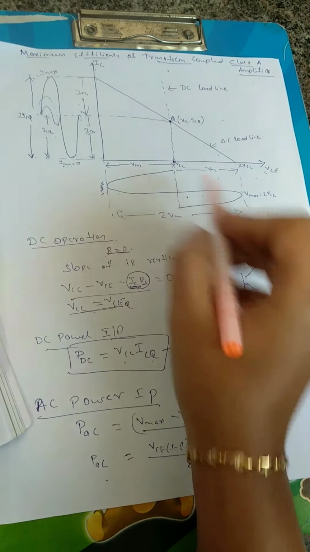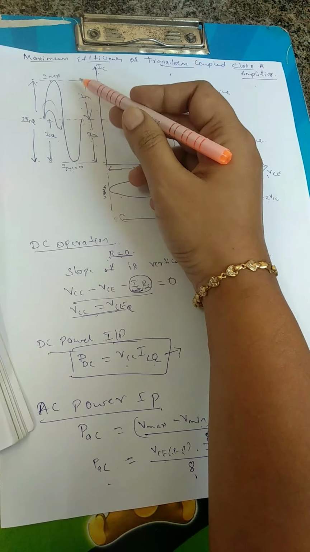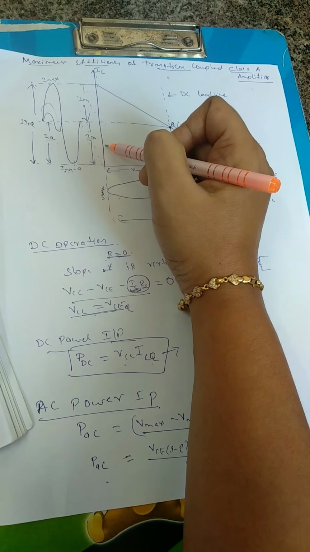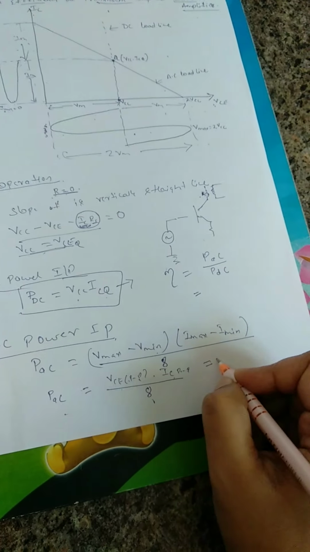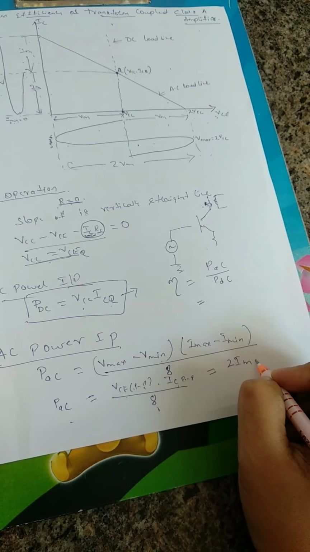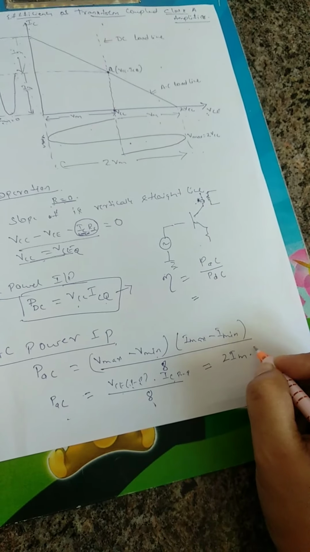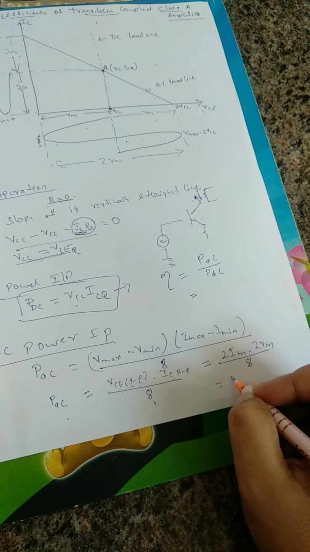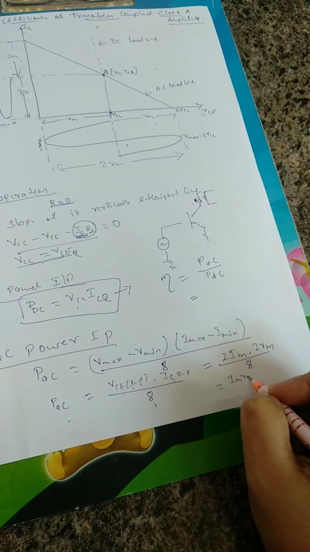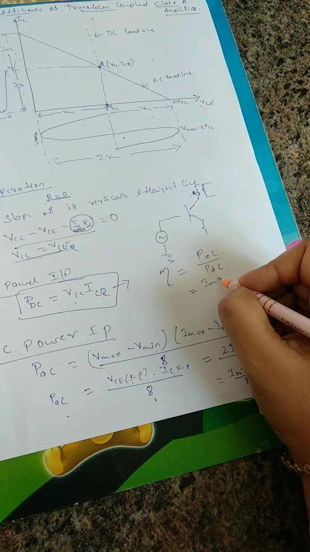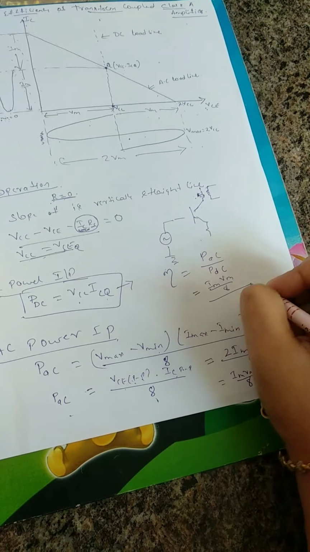IC peak to peak is 2 Im, that is Im and Im. VCE peak to peak is 2 Vm. So PAC is Im into Vm divided by 8.